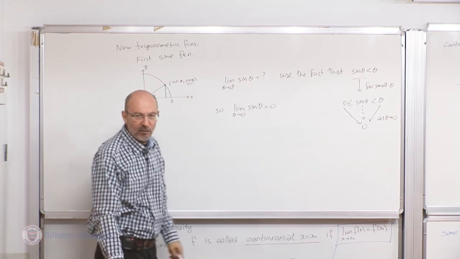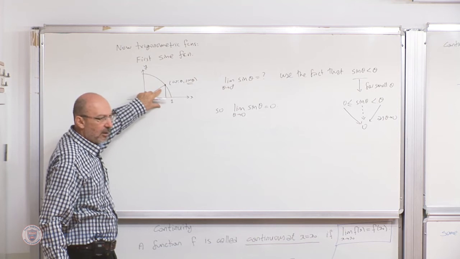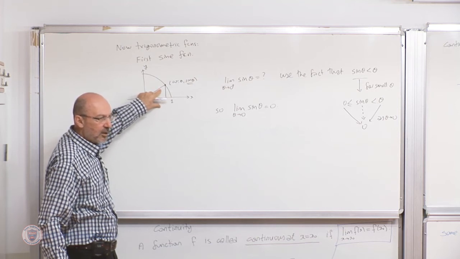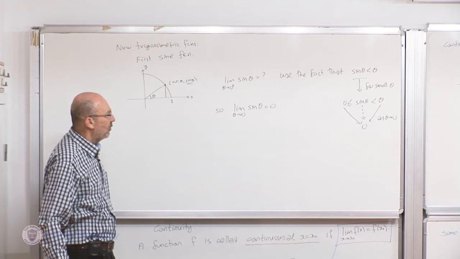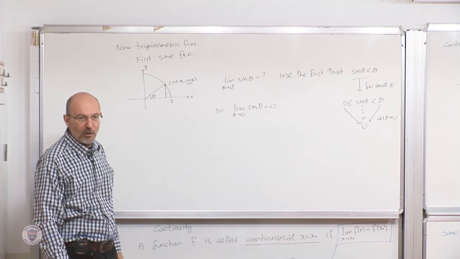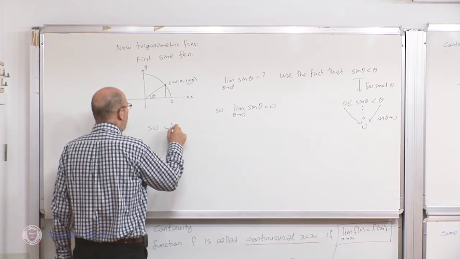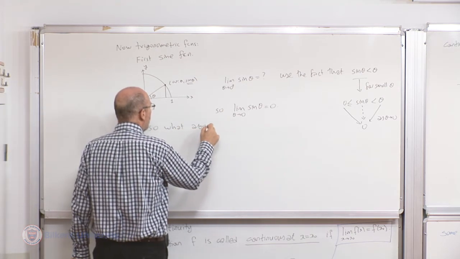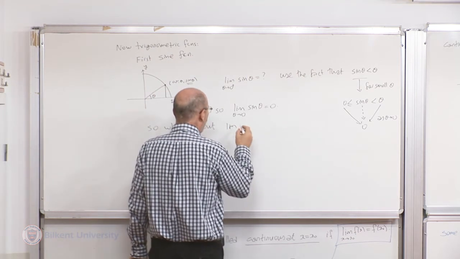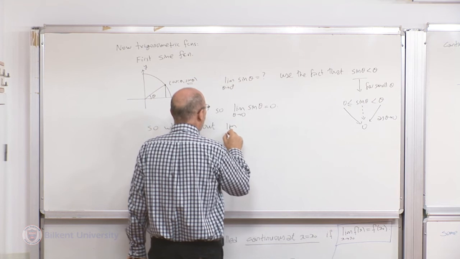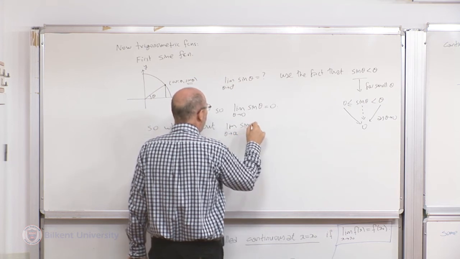Minus 1 times 0 will not change the result. So around here, this calculation works. The limit of sine theta as theta goes to 0 is 0. Okay. So what about the limit as theta goes to some other number a of sine theta?